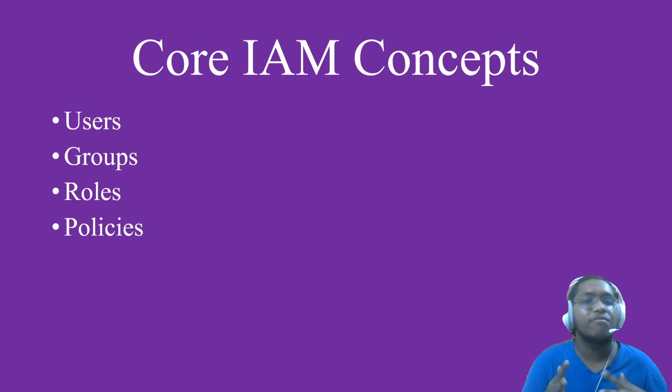Like when you build a project, if you have an e-commerce site or something like that, you have users. In IAM, a user is an individual who always has permanent access to your AWS resources.